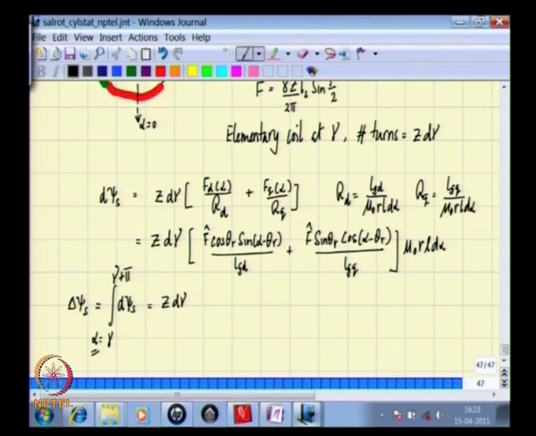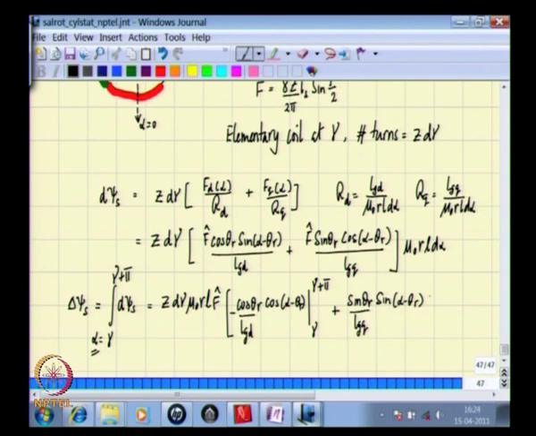Remember alpha is the variable of integration, not gamma at this point of time, therefore this is mu naught into r into L multiplied by F hat into cos theta r, and then the integral of sin of alpha minus theta r is minus cos of alpha minus theta r going from gamma to gamma plus pi, and then plus sin theta r, sin of alpha minus theta r divided by L gq. This again goes from gamma to gamma plus pi.